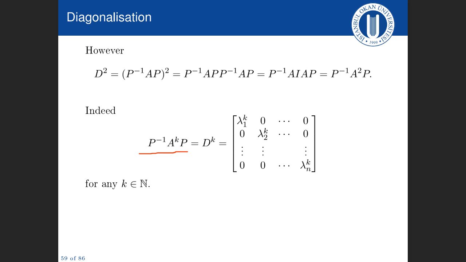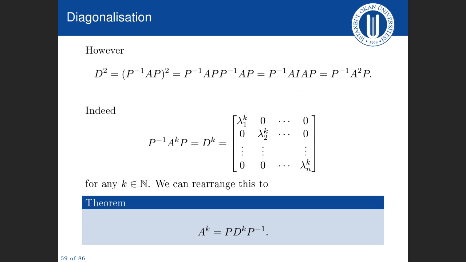That's this diagonal matrix with the eigenvalues to the power k down the main diagonal. And then we can rearrange this to the formula A to the power k is P D to the power k P to the power -1, P inverse.